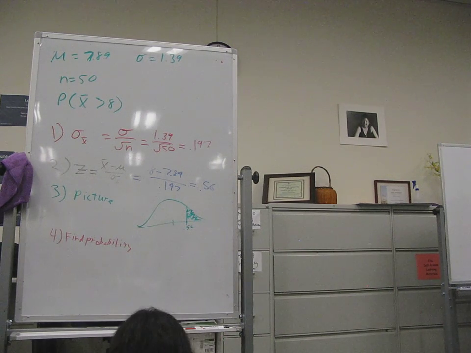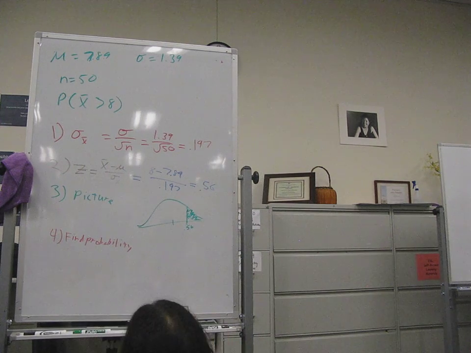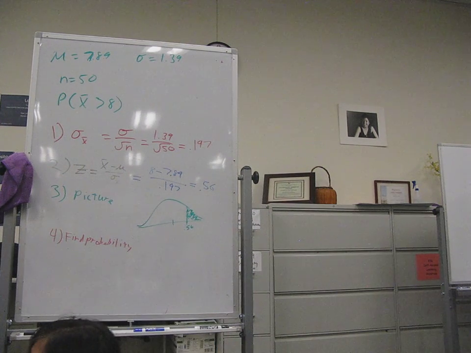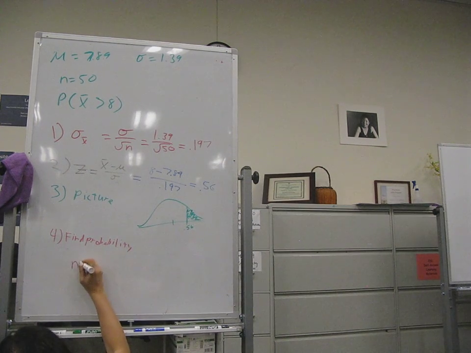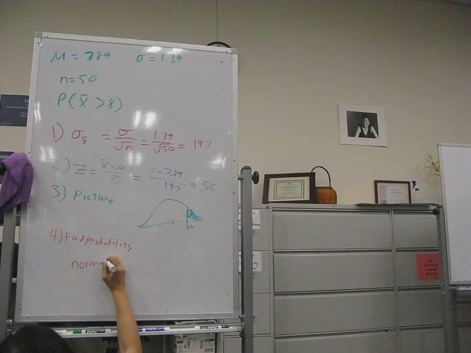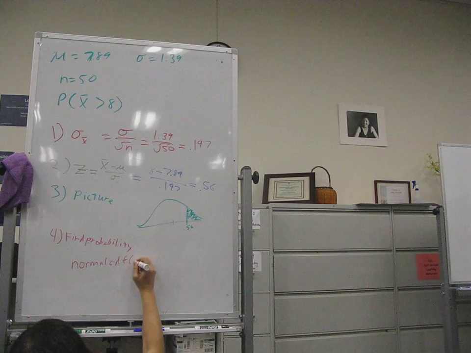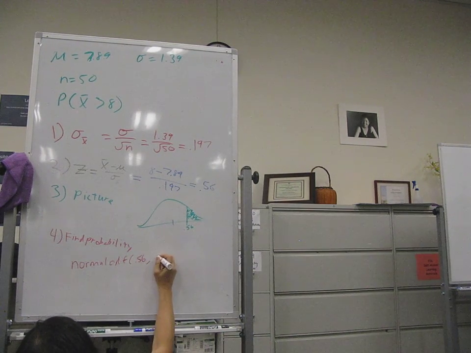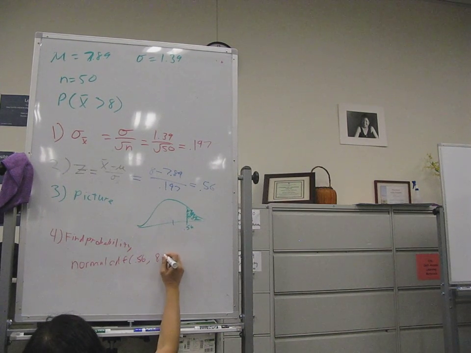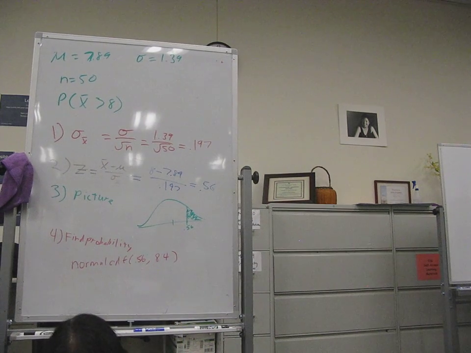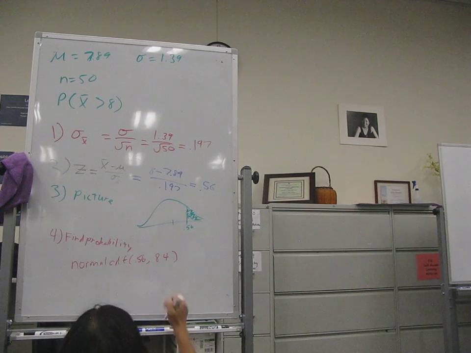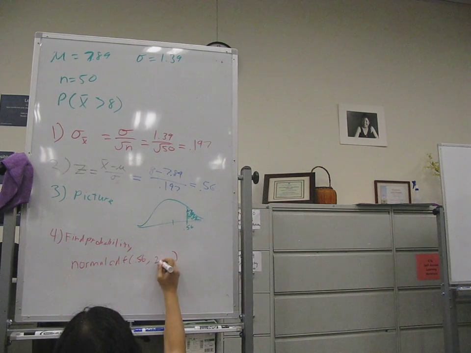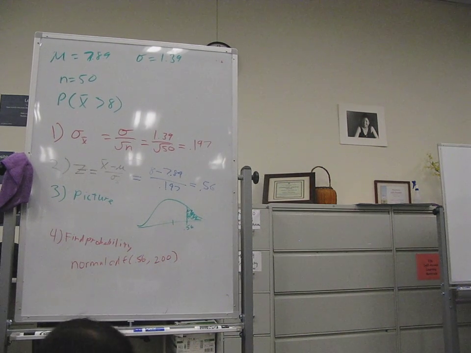And then you do the last step, probability. How do you do the probability? Normal CDF, with a large upper bound, any large number, say 200.